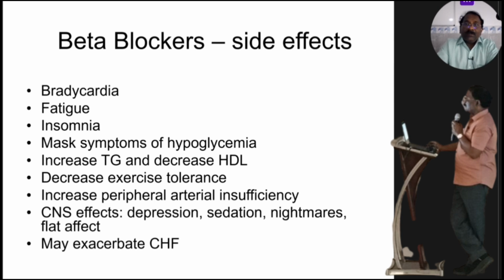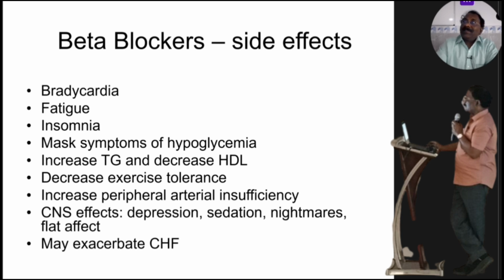Fatigue is very common with beta blocker therapy. Insomnia, because it crosses the blood-brain barrier. Masked symptoms of hypoglycemia: in diabetic individuals on beta blocker therapy, hypoglycemia may not be recognized so often, because palpitations, aggressiveness and stressfulness will be masked. They also increase triglycerides and decrease HDL, so they are not lipid friendly.